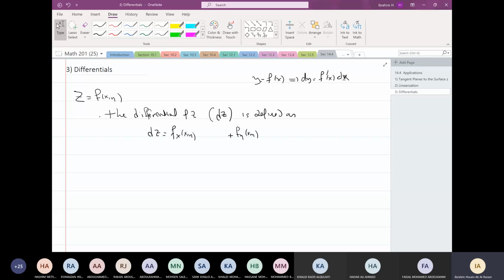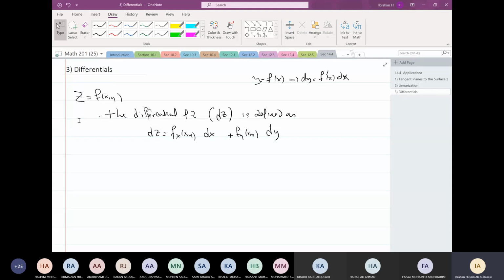dx, differential of the domain. Now, what should I write here? In the domain I have x and y, so I have a differential in x and a differential in y. The differential in x will go with the f sub x, so this is dx. The differential in y will go with the f sub y. So you have three variables, z, x, y, two in the domain and one in the range.